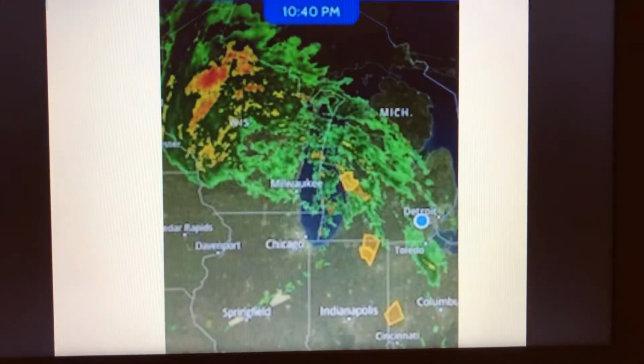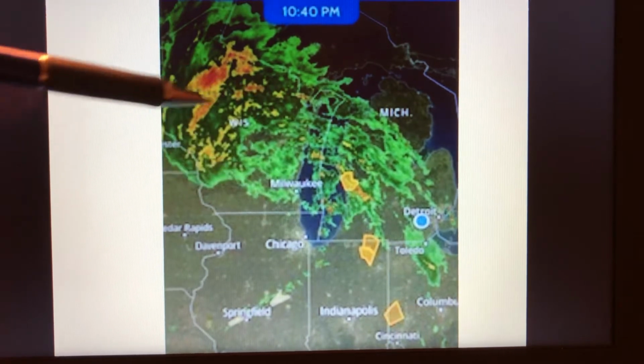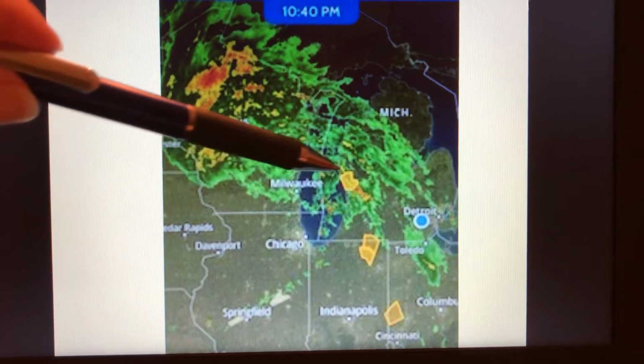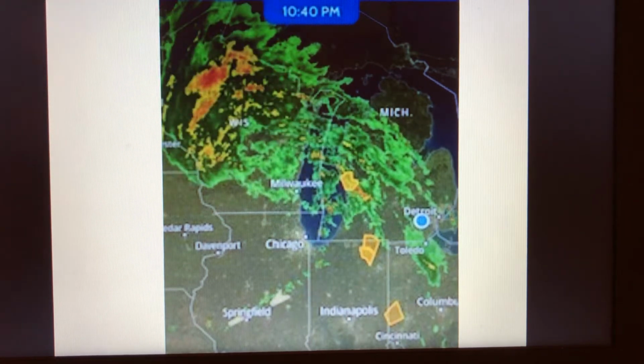This is the current radar right now at 10:40 p.m. on the 9th of June. And you can see this is the pieces of Cristobal that are still left over. And you can see where we are. It's reached this far north in terms of bands of thunderstorms.